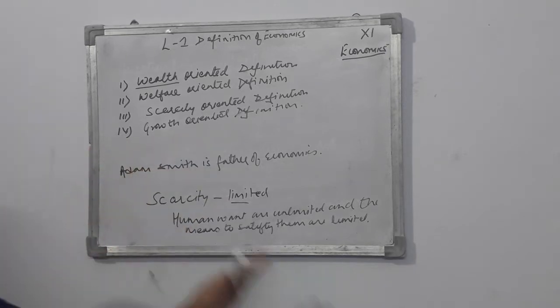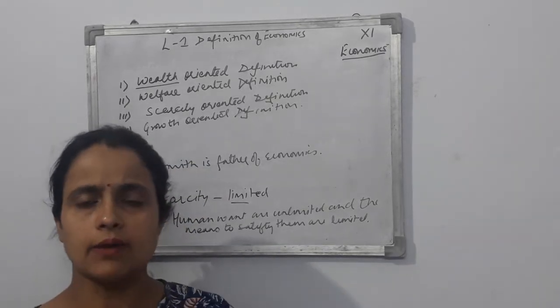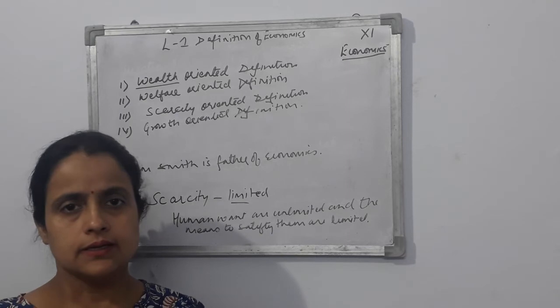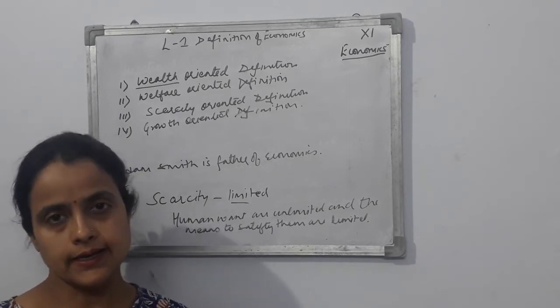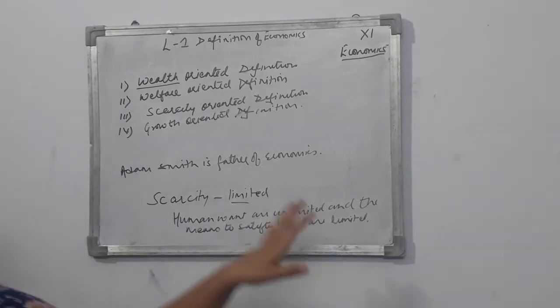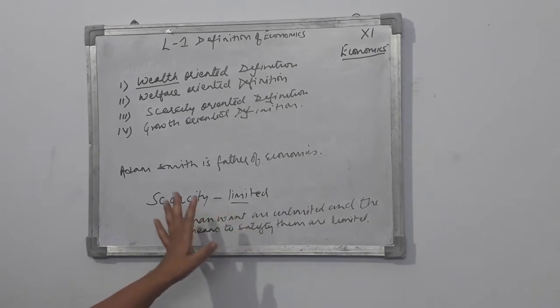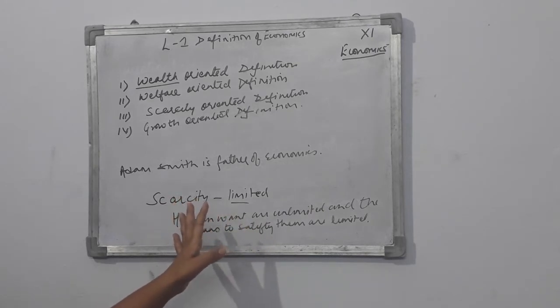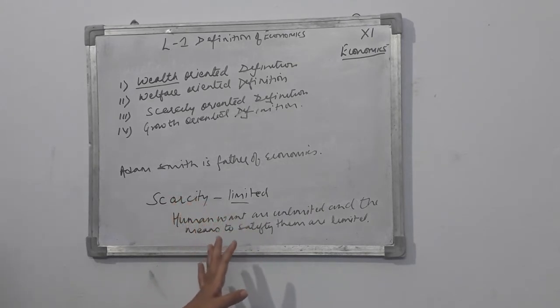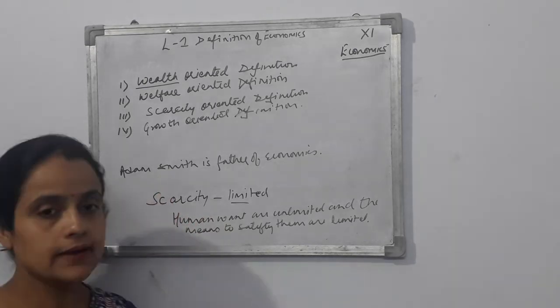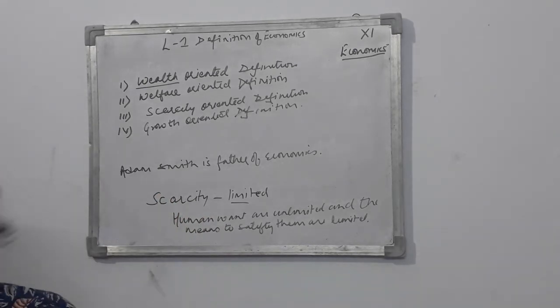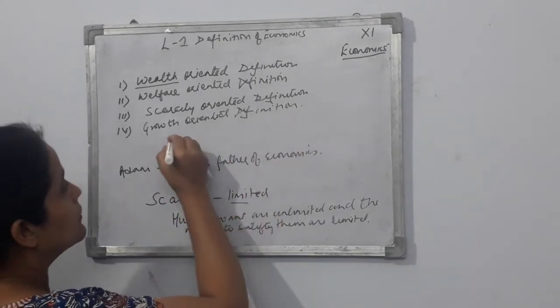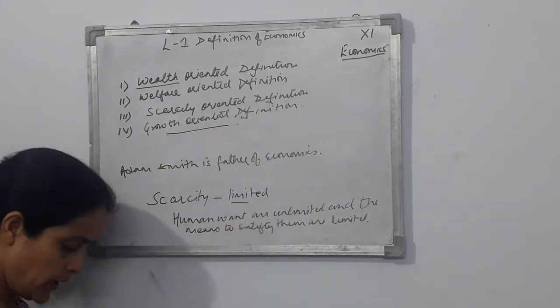Now the fourth type of definition that we will read, all this right now I am giving you is just the introduction. This is what we are going to study in the next class. The fourth type of definition, given by Professor Paul A. Samuelson, was a growth oriented definition, right? What did he say?